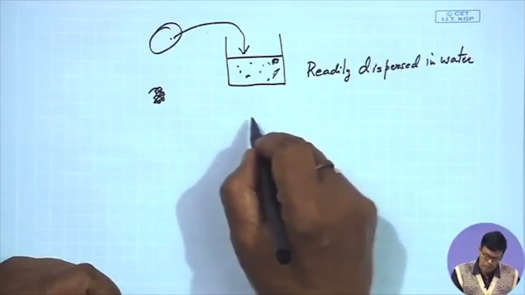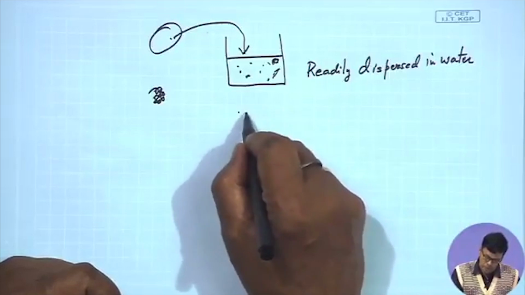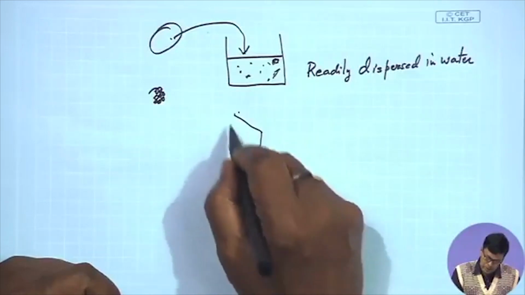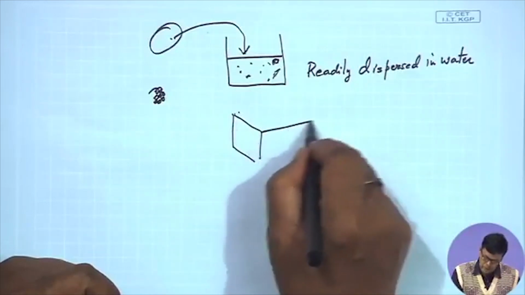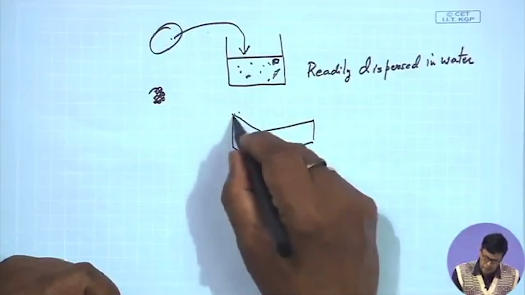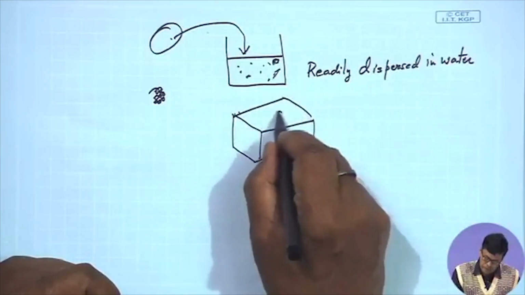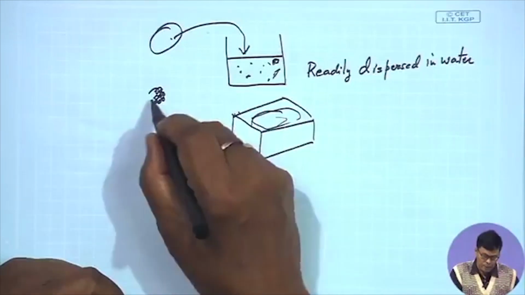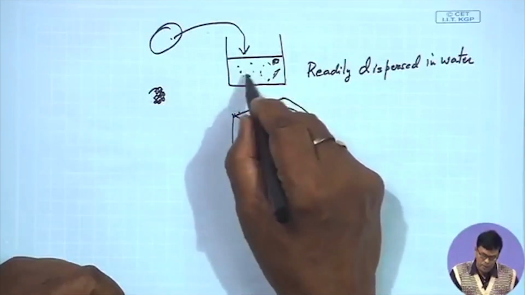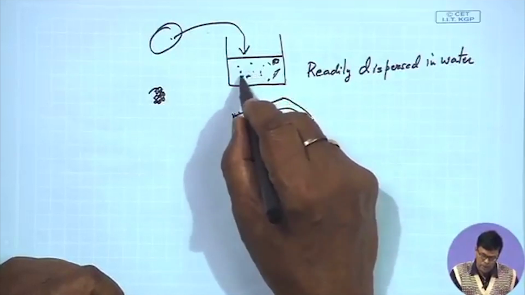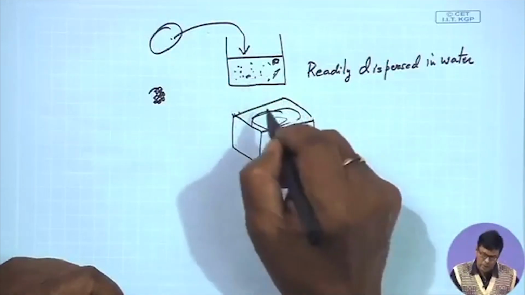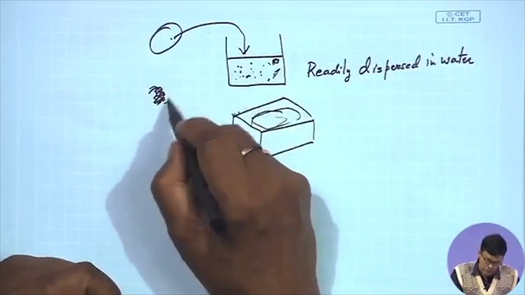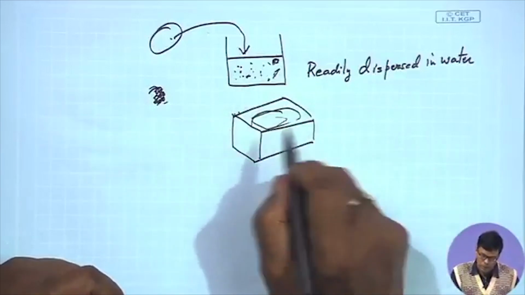When you prepare the dough, suppose this is a container, and in this container you keep the dough. Now, if yeast are not dispersed properly, if they are not segregated, and they form this kind of cluster, then what will happen?